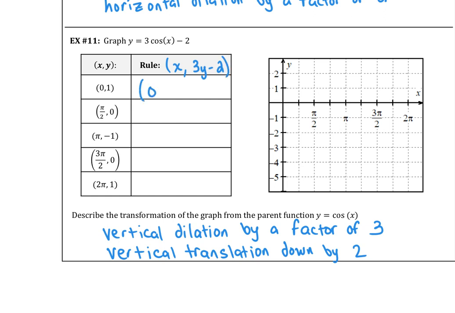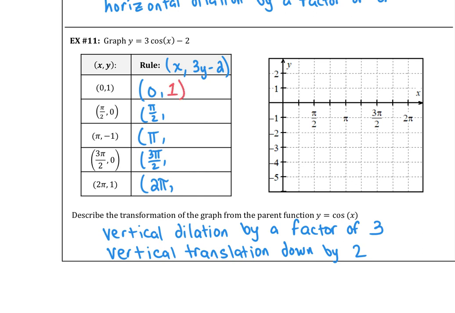So if you want to go ahead, the x coordinates are going to stay the same. Nothing changes horizontally. Okay, so all these are staying the same. Only the y coordinates get affected. Okay, and to point that out, I'm going to use a different color. So 1 times 3 is 3, minus 2 is actually 1.